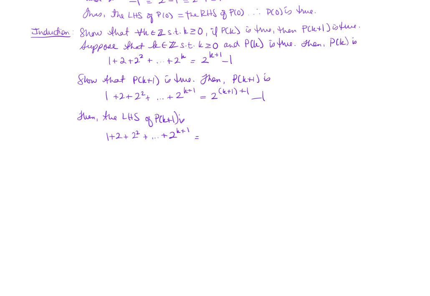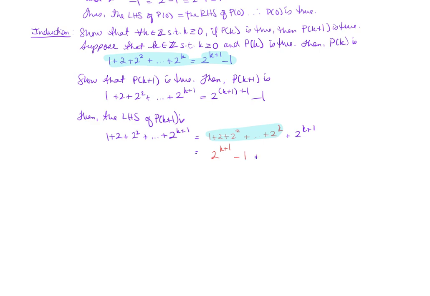And we know that this is the sum of the first k terms, 1 plus 2 plus 2 squared plus 2 cubed plus 2 to the fourth, all the way up to 2 to the k. And then we added this 2 to the k plus 1 term. And again, we also know that the sum of the first k terms is the same as 2 to the k plus 1 minus 1. So we're going to say this is 2 to the k plus 1 minus 1.